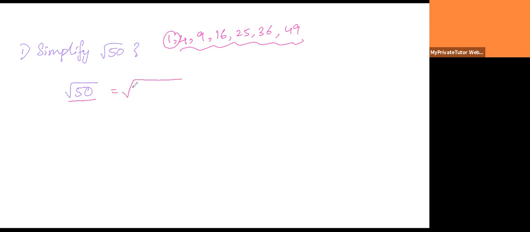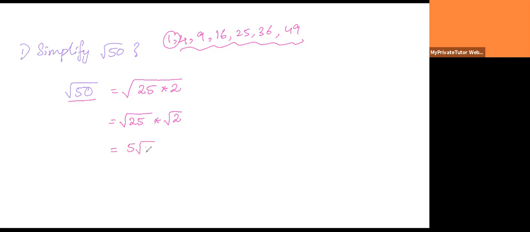Okay, I think 50 is divisible by 25, so we can write 50 as 25 times 2. Hope everyone agrees to this. Then split the square roots. Square root 25 times square root 2. So what is square root 25? Everyone knows that, right? Which is 5.